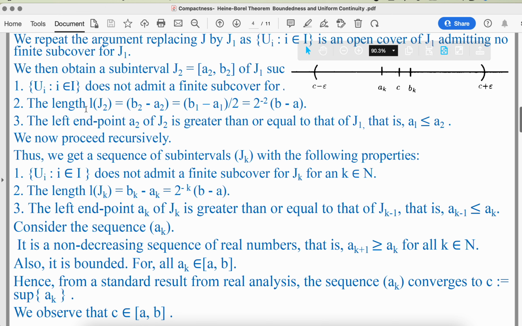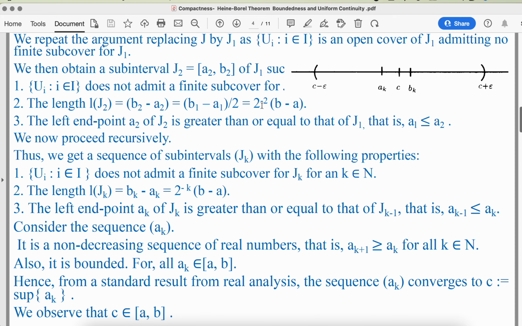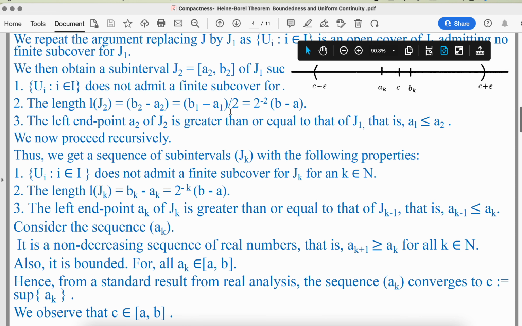The length of J2 is equal to b2 minus a2, which will come out to be (b1 minus a1)/2. If we substitute the value of b1 minus a1, which was (b minus a)/2, we will get 2 raised to the power minus 2, because it will be 2 squared, times (b minus a). So 2 raised to the power minus 2 times (b minus a). The left endpoint a2 of J2 is greater than or equal to that of J1, that is, a1 is less than or equal to a2.